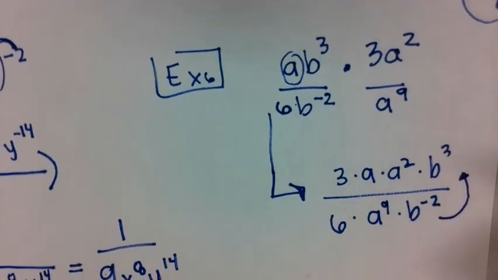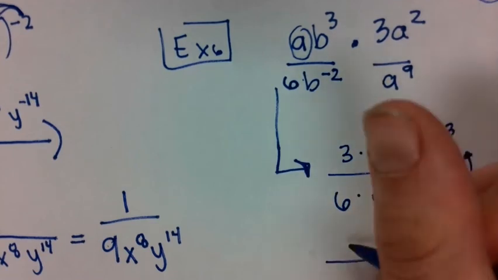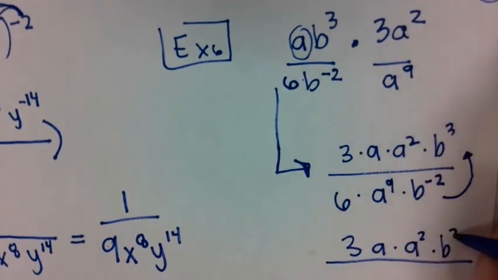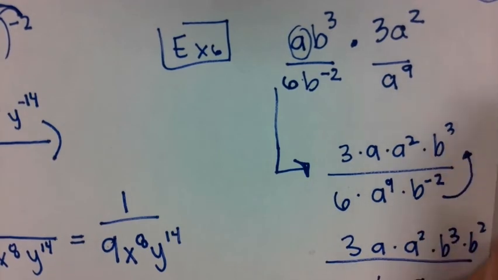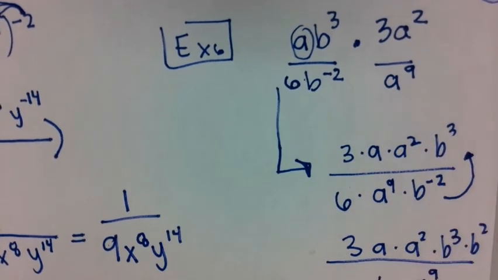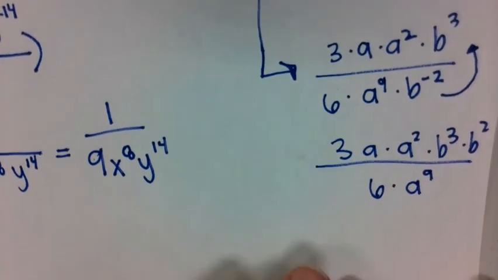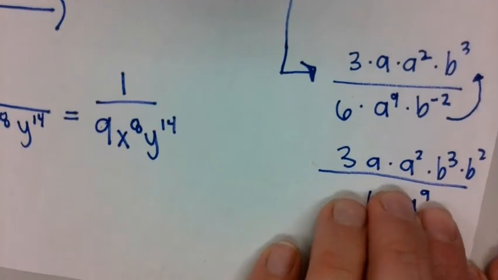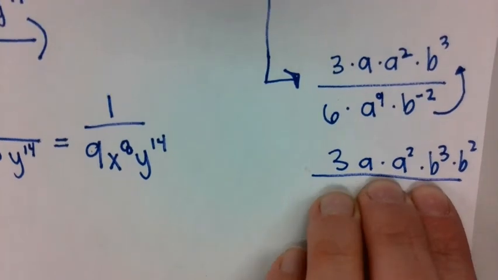Now that everything is together, I'm going to move the traders. This negative 2 in the denominator goes up to the top. Let's rewrite our fraction. 3a times a squared times b cubed times b squared, over 6 times a to the 9th. Now that I have simplified and moved my traders, I'm going to simplify each part of my fraction. So I'm going to ignore the bottom, and I'm going to simplify the top.